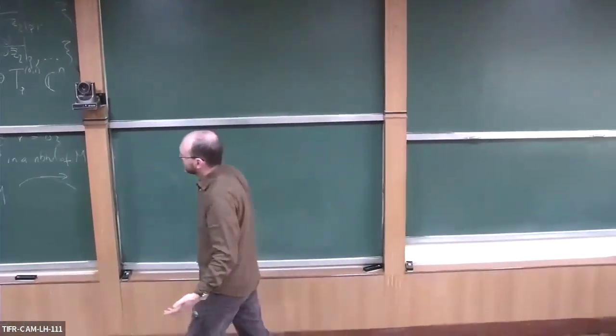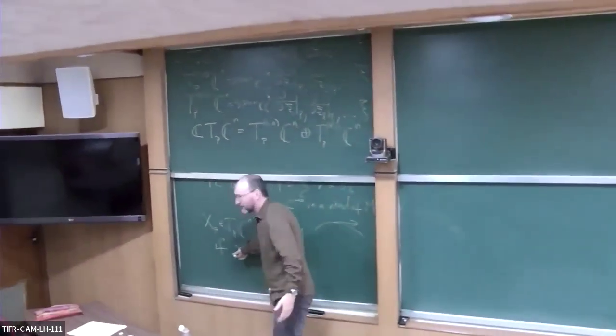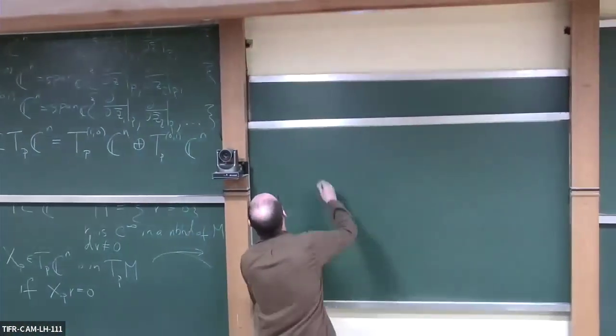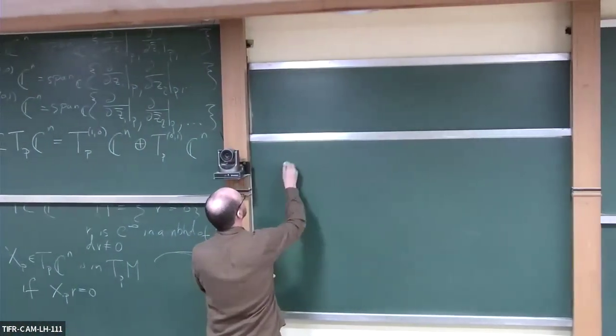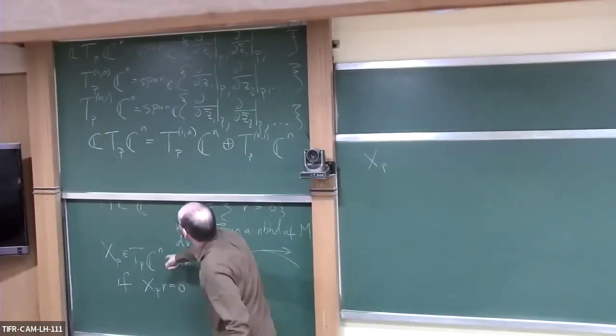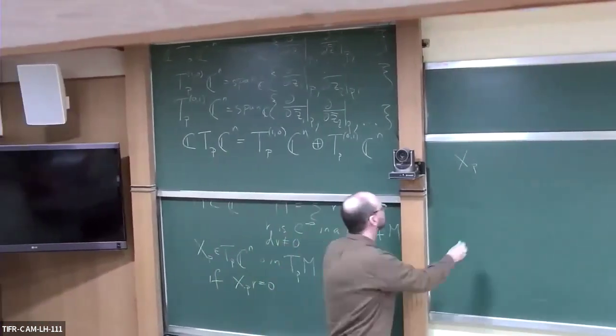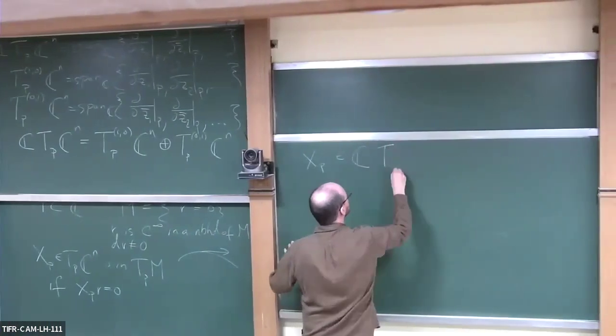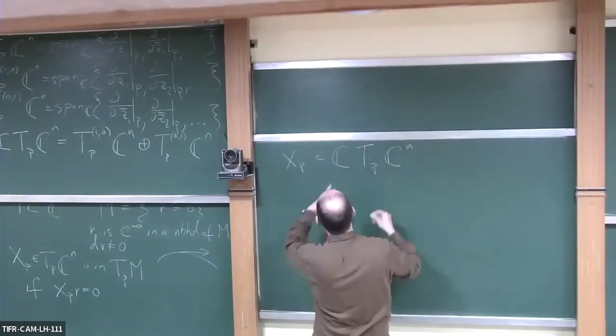Because if you think about it, how are we applying this, right? If I have a vector, now let's not take it in the real vector space. Let's take it in the complexified vector space. What does that mean?